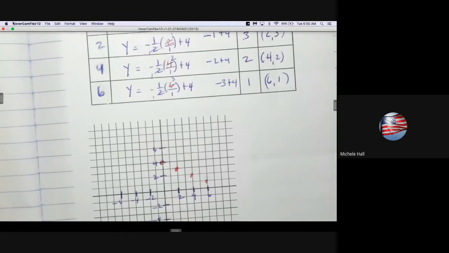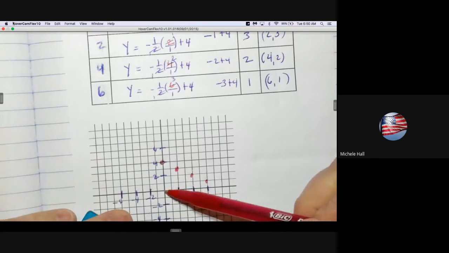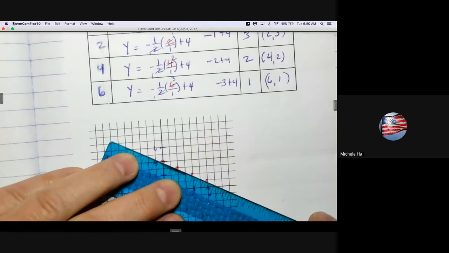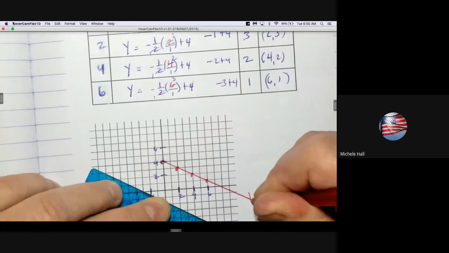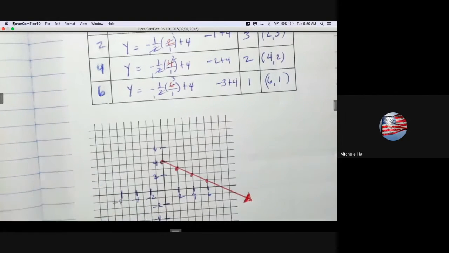Again, the domain is greater than 0, so I'm not going to create that line that comes over here because the domain would then be in the negatives. So I need to start where the domain is 0 and go forward. And I would draw an arrow on the other end of the line because it says the domain is greater than 0.